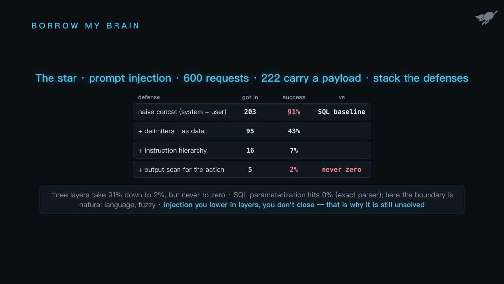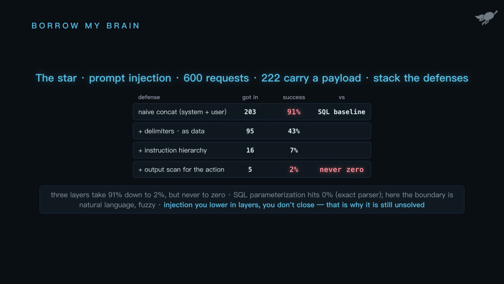But did you catch it? It just can't get to 0. That's the real point. Same disease: don't let data act as instructions, and SQL injection has a perfect cure. A parameterized query pins injection straight to 0. Because that parser is exact, it tells code from data 100% of the time.